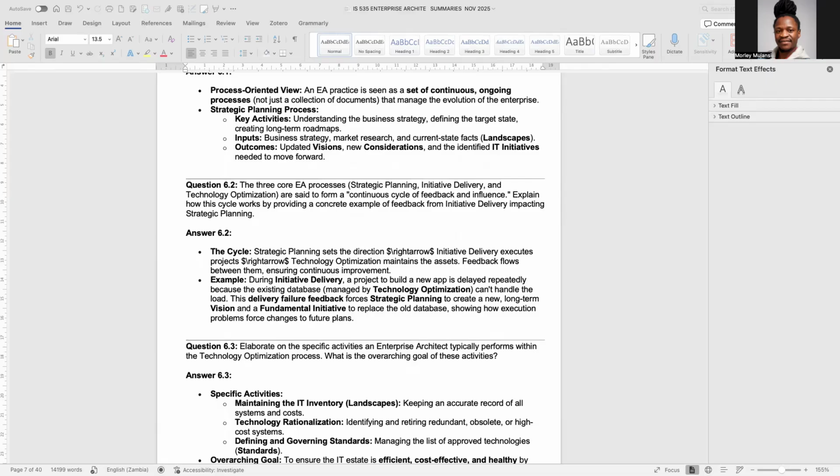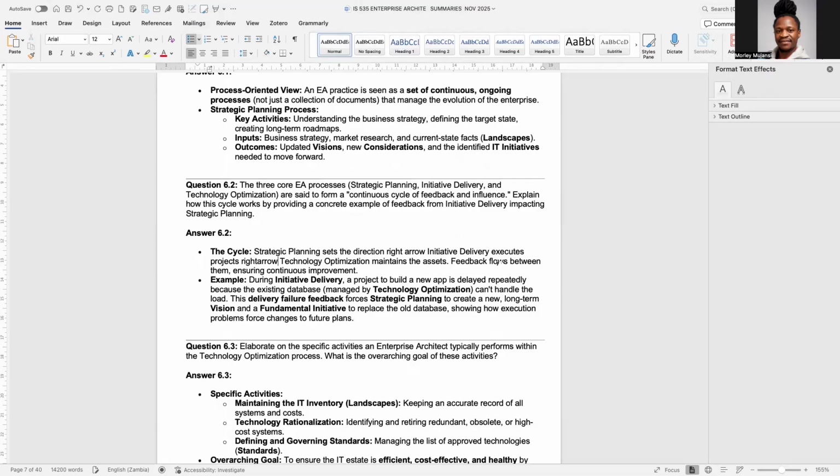Strategic planning sets the direction, and initiative delivery executes the project. That's something that you need to take note of. So strategic planning sets the direction of where we want to go, initiative delivery executes the projects, and then technology optimization maintains the existing assets.